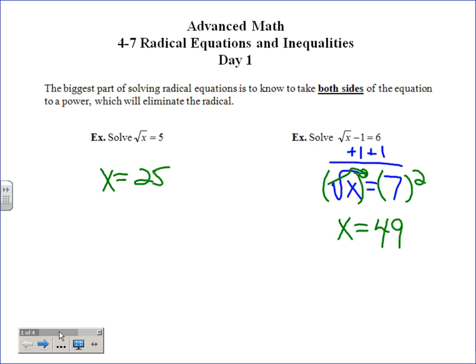Now, before we go on, I want to make a huge distinction here. The difference between that and that. Would you say the square root of -8 and the cube root of -8 are the same?